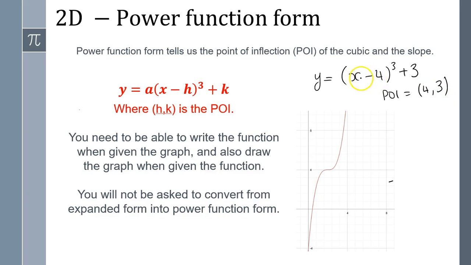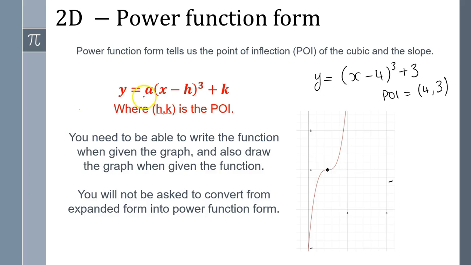So it's the opposite sign to here. That makes it very easy to graph from power function form. You'd put your point at (4, 3), and then you can find your x-intercept and graph from there.